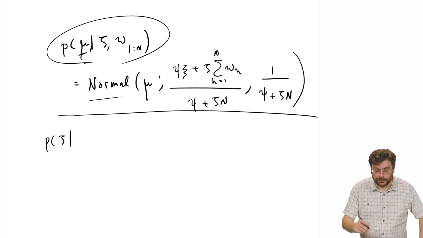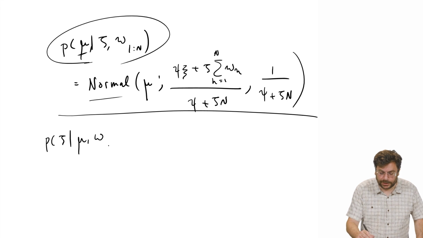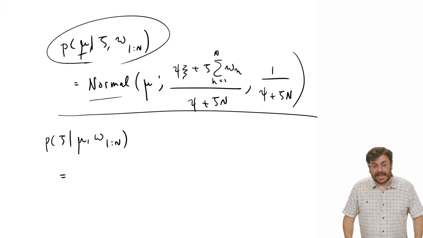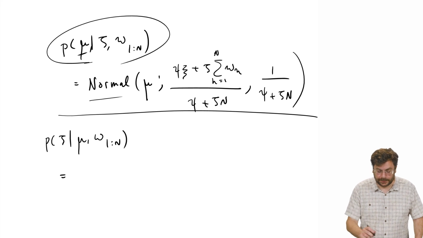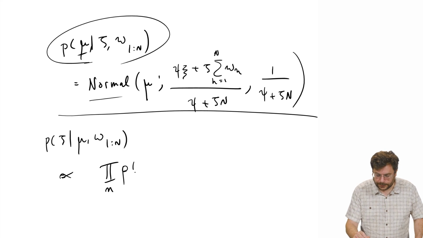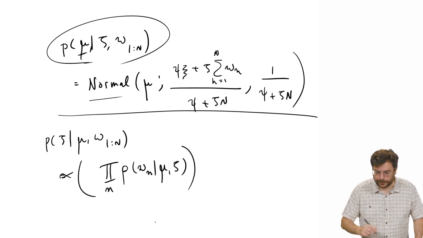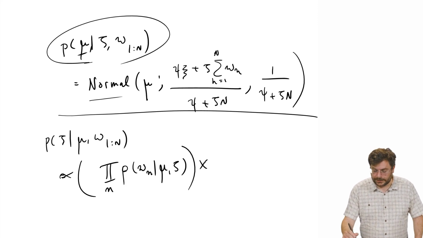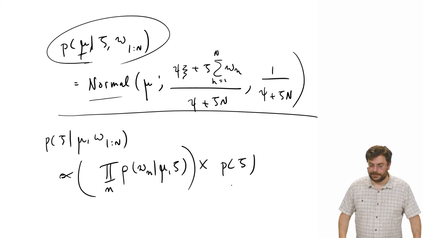Now we can ask the question, what about p of tau given mu and w1 to n? And that is going to be a very similar thing. That's going to be proportional to the likelihood, which at this point I can go ahead and write down as the product of my Gaussians multiplied by my p of tau.